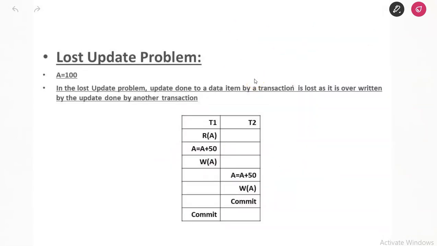Now let us read the theory about it. In the lost update problem, an update done on a data item by a transaction is lost. The update done to data item A, which was 150, by transaction T1, is lost.